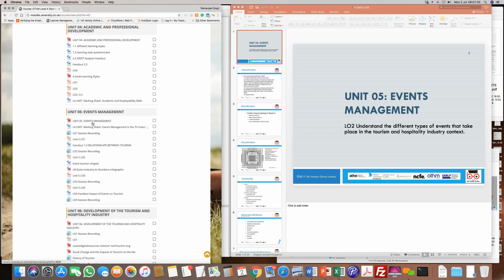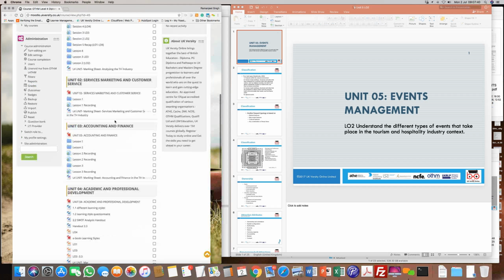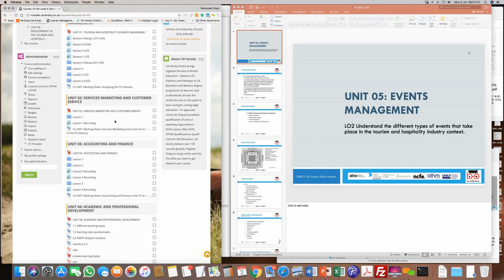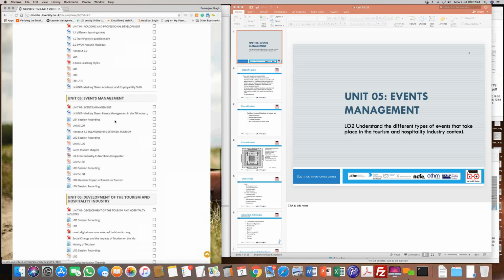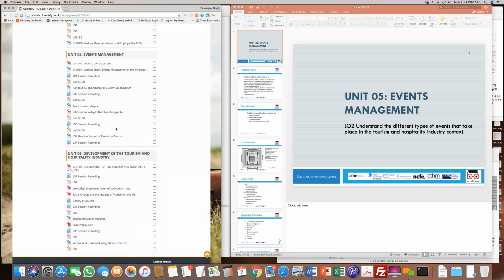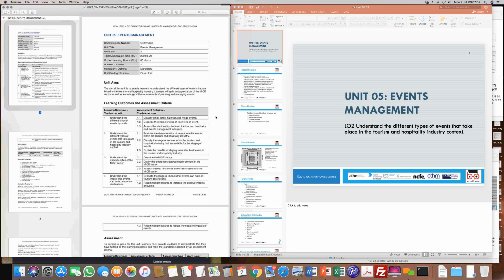At some point later today, all the ebooks will be uploaded in all the units. There will be at least one ebook related to the unit, which is one of the books recommended by the awarding organization.